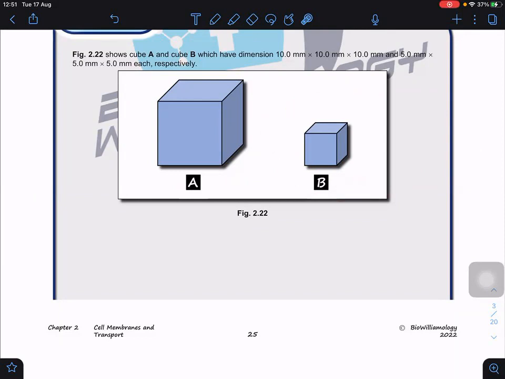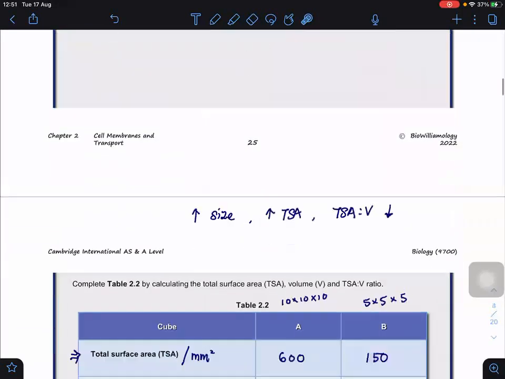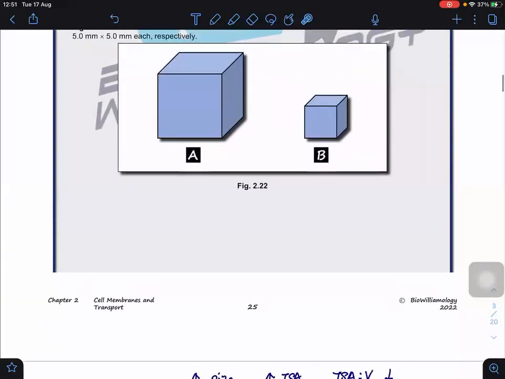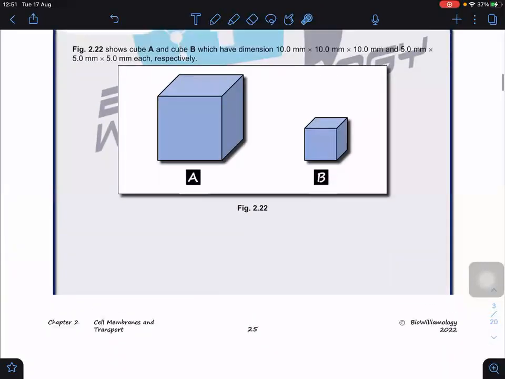If I have a cube compared to a very thin cuboid, the diffusion rate will be higher because it is very thin. So we don't consider the total surface area to volume ratio. It is just a general guideline.